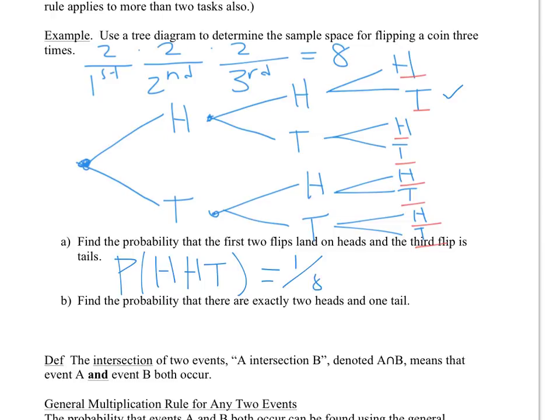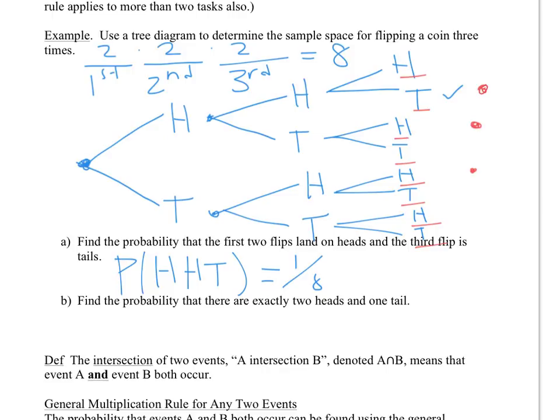In part B, find the probability that there's exactly 2 heads and 1 tail. Well, now I go through the sample space and I count every time that I meet this condition of exactly 2 heads and 1 tail. So there's 1 instance of it, a second instance of it right here, and this third one right here that I missed at the top.